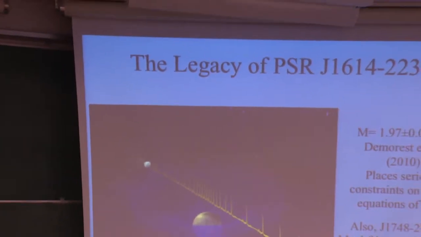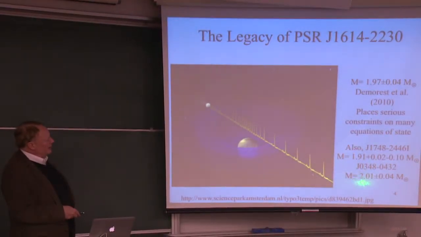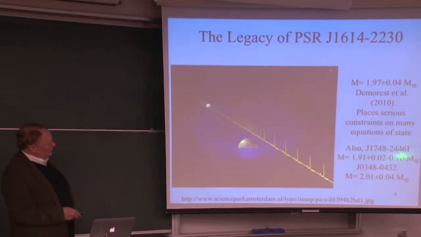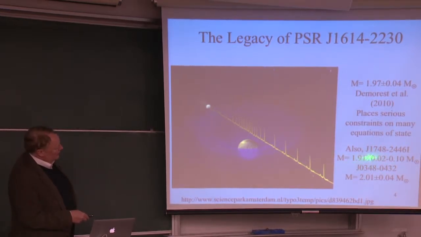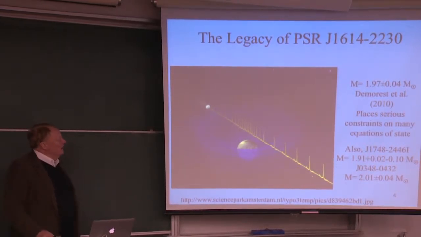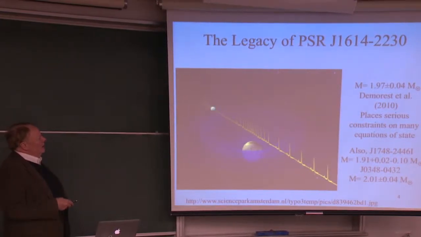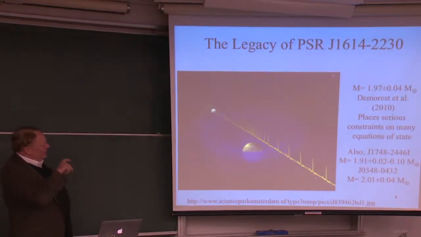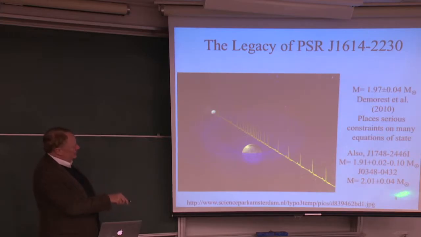What's important about this measurement, and there are three of them now, is one at 1.91, one at 2.01, and one at 1.97 solar masses.